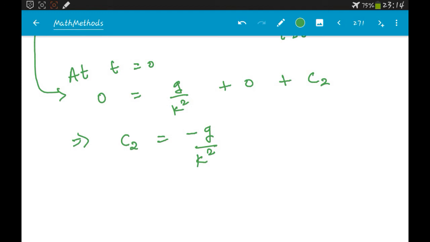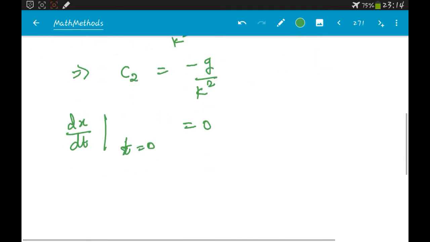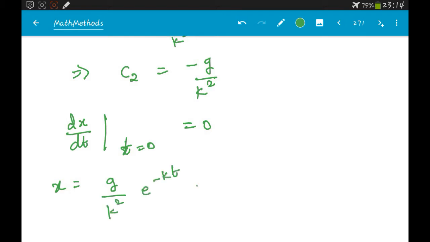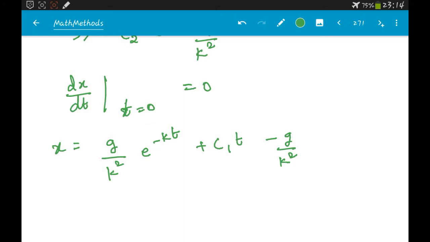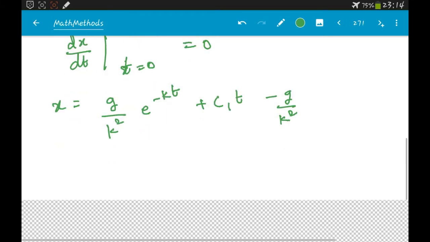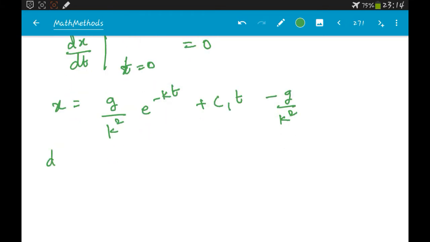And now the other condition was dx by dt at t equal to 0 is also 0. So now we can plug in c2. x will be given by g by k square e power minus kt plus c1t minus g by k square. So we plugged in minus g by k square instead of c2. Now we can find dx by dt from this equation.